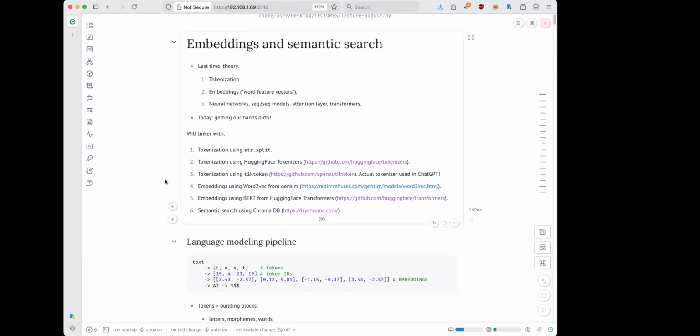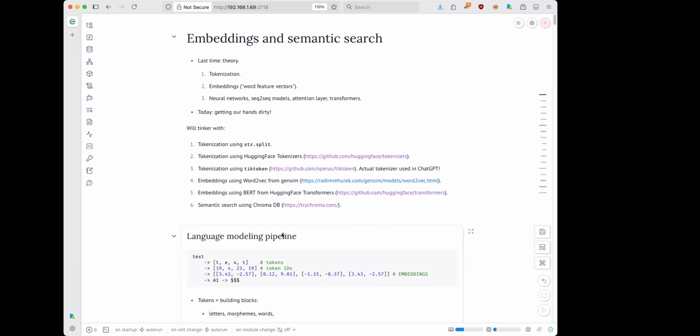Next, we'll look at various ways of computing embeddings, starting again with not exactly a baby model, but a very simple model, word2vec, and work our way up all the way to BERT, which is a model based on transformers. Finally, we are going to apply all of this to an actual task that can be useful in practice. We'll try to see how semantic search works.